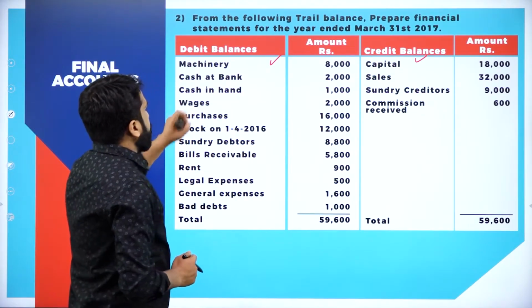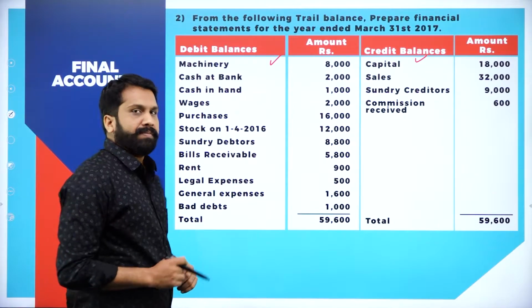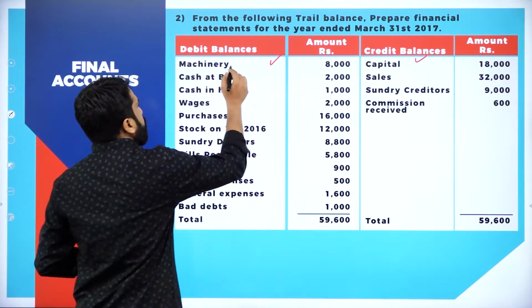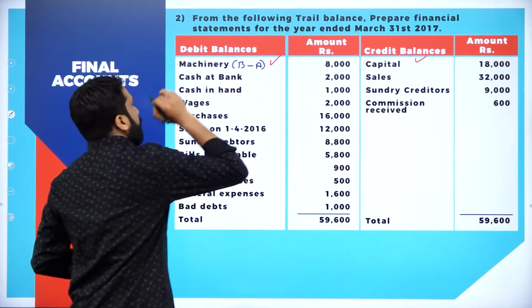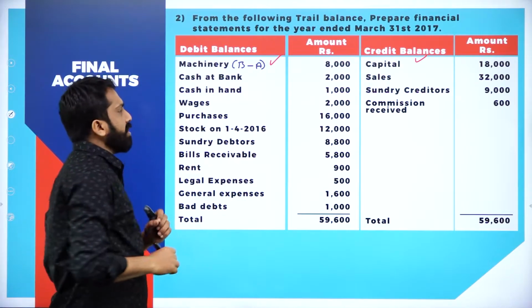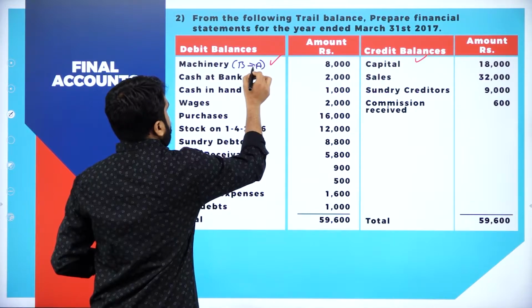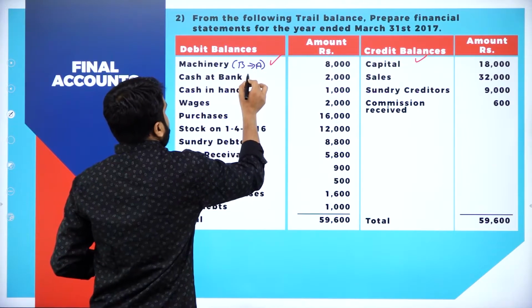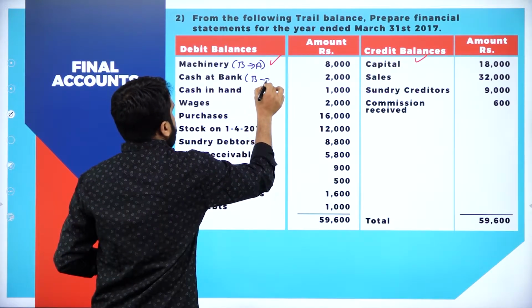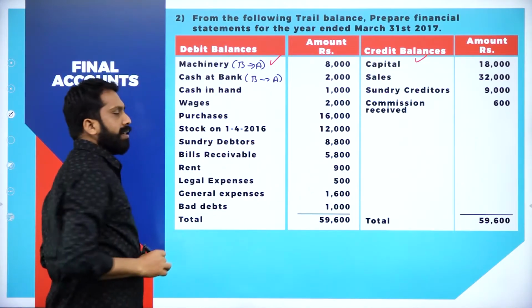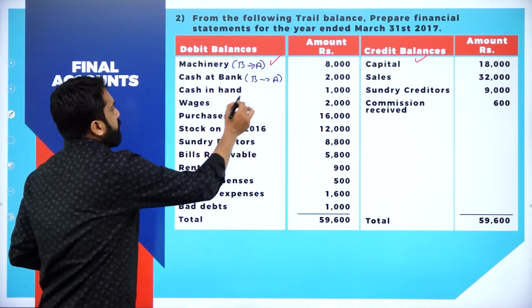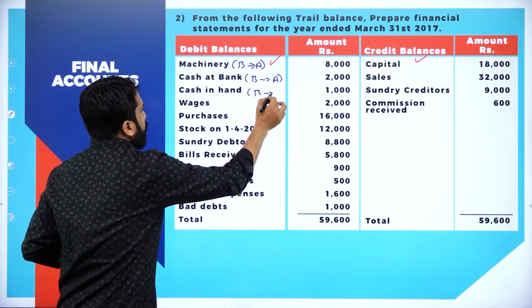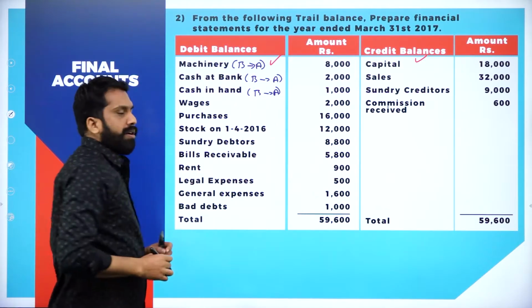Now, machinery will come where? Yes, machinery will come under balance sheet asset. Cash at bank, balance sheet asset. Similarly, cash in hand, balance sheet asset.